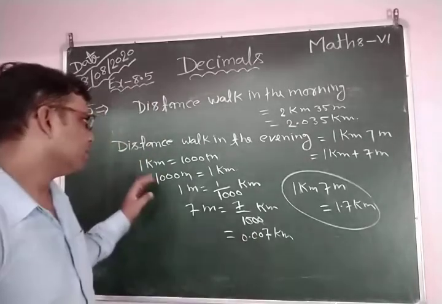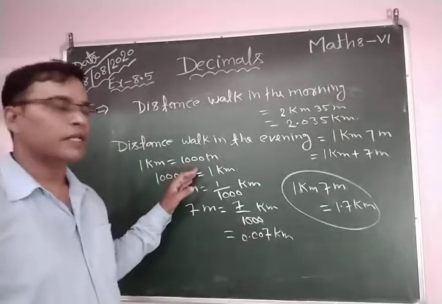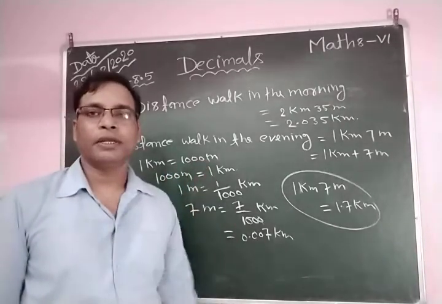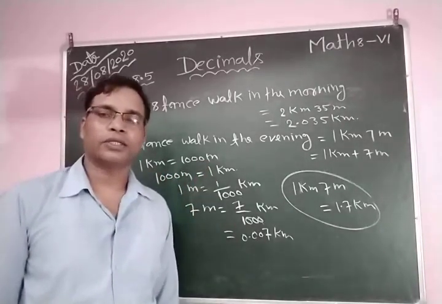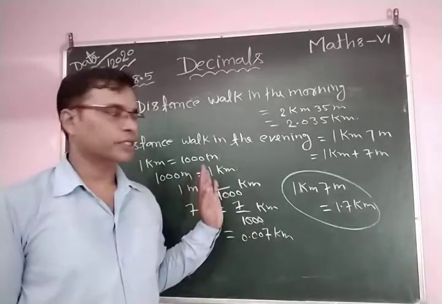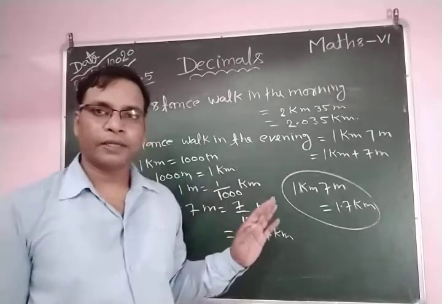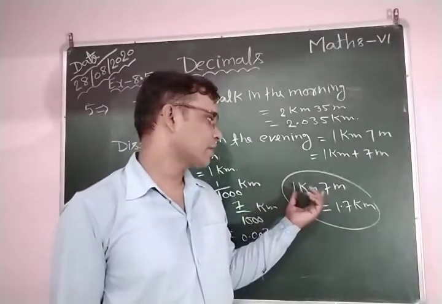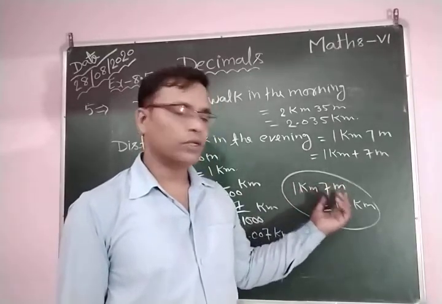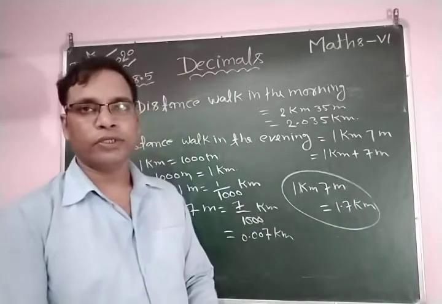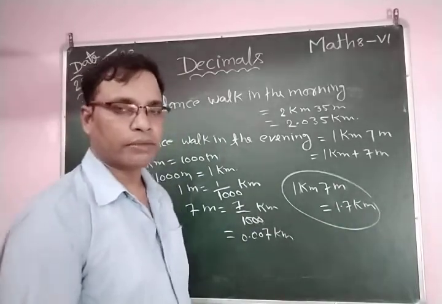I saw that in exams, some students write 1 kilometer 7 meter is equal to 1.7 kilometer. This is totally wrong, and they lose their marks.